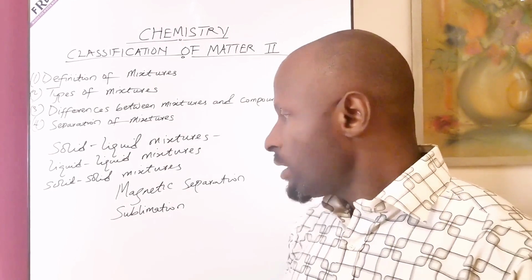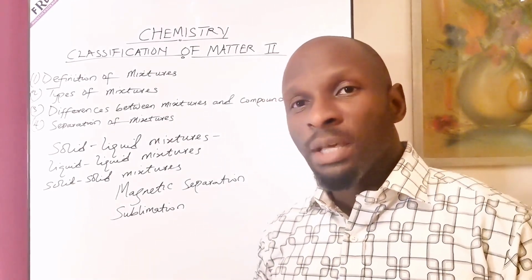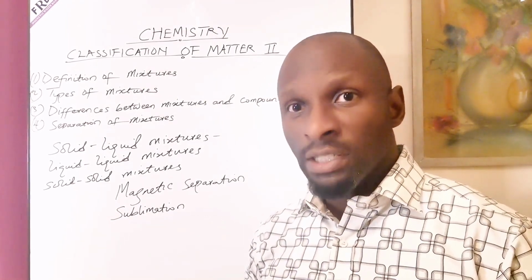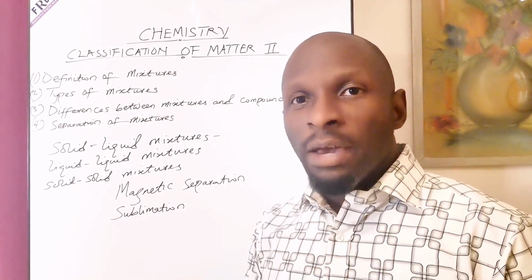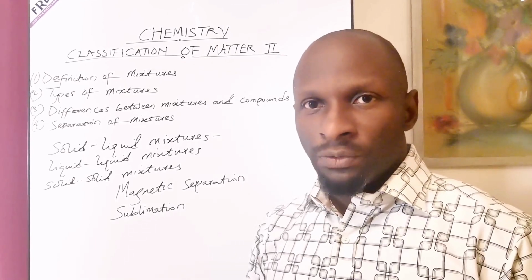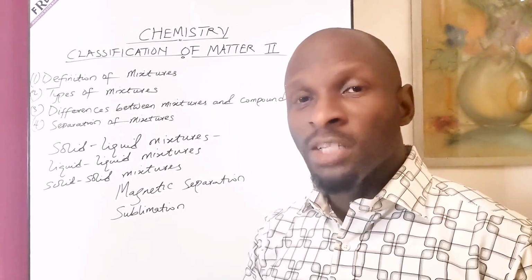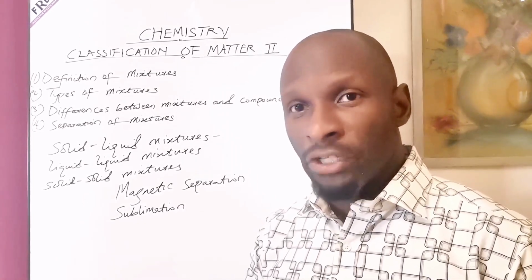Okay. In the case of sublimation, for you to use sublimation to separate a mixture of solids, okay, there must be a high vapor pressure in one of the substances. That is, one of the solids must possess high vapor pressure.